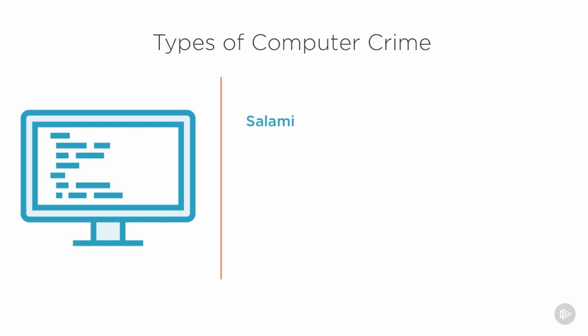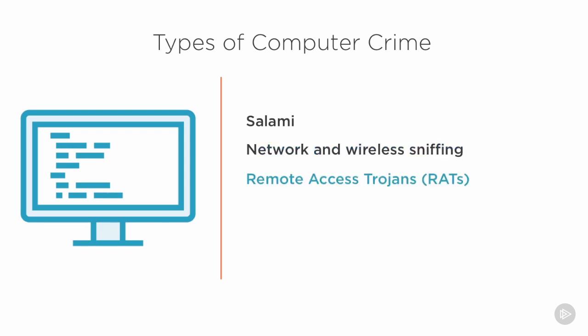The salami attack is where small amounts of financial transactions are cut off from the system, and those small amounts may add up to a significant amount of money in the end. We've also had the problem of sniffing wireless and network communications, and someone taking over another person's machine through a back door, or sometimes called a RAT, which stands for Remote Access Trojan.